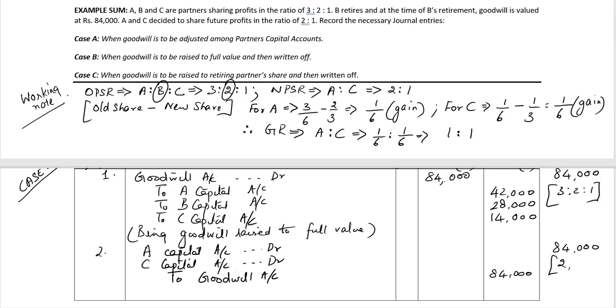The NPSR is 2:1. So against A we have 56,000 rupees and against C we have 28,000 rupees, being goodwill written off.